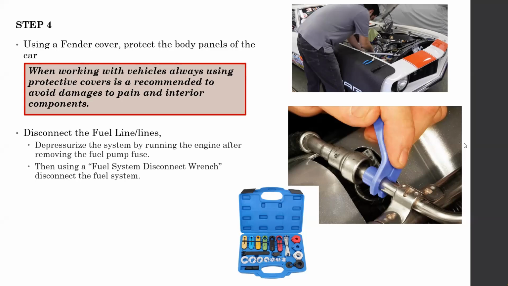After removing the fuse, start the engine and let it run until it stops. The engine will stop automatically because fuel is no longer reaching it. Once the engine stops, you can use this tool set, the quick disconnect tools, and disconnect the fuel system. Once you disconnect it, you don't have to worry about fuel.